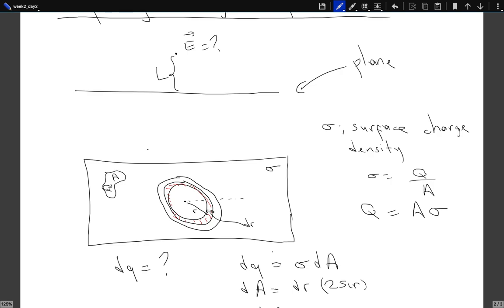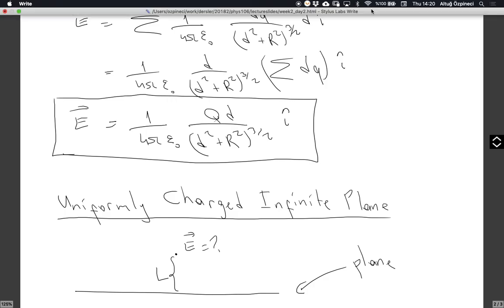So then what I did, I divided into rings. I had already calculated the electric field of one ring. And that was this expression over here.